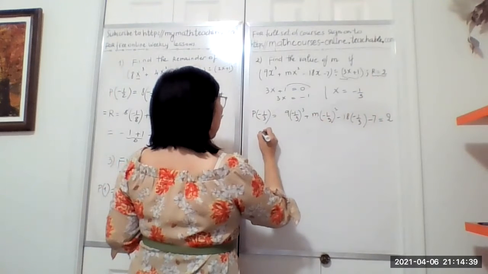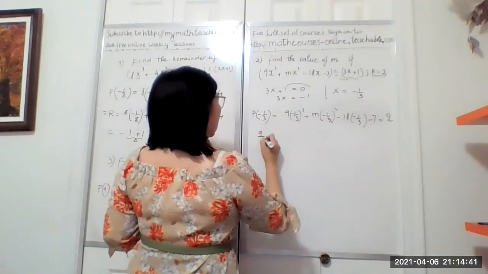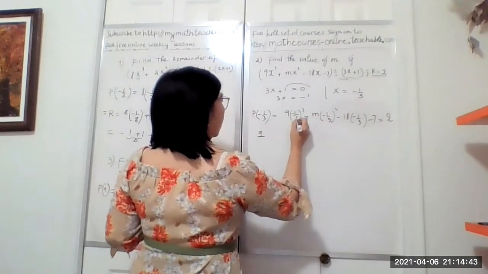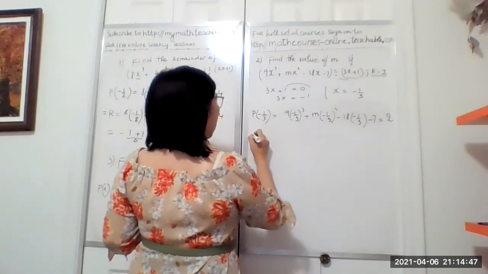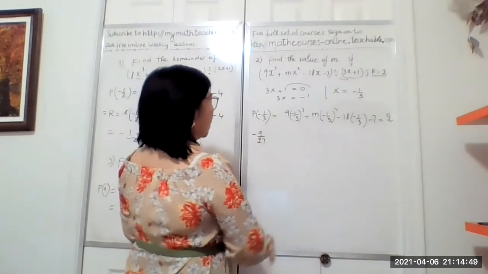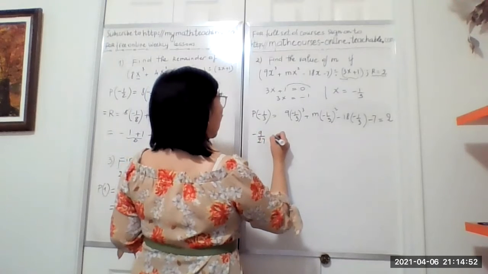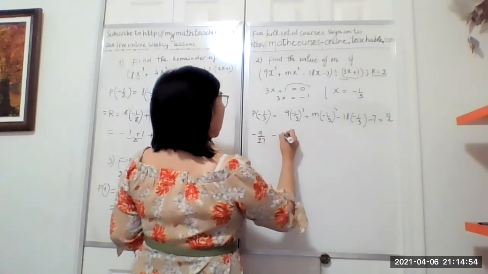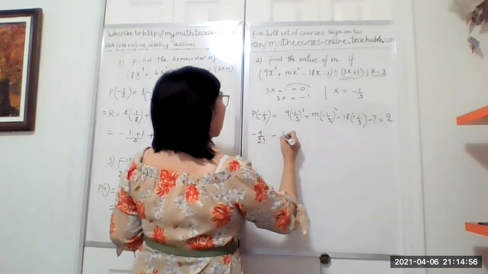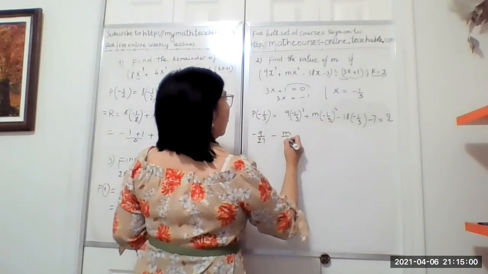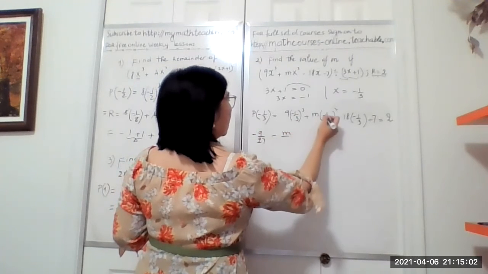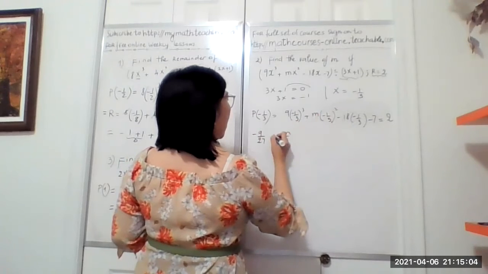So this will be 9 over 3 to the power 3, which is 27. And that should be minus 1 over... minus m, right? Actually minus 1 third squared will be positive.